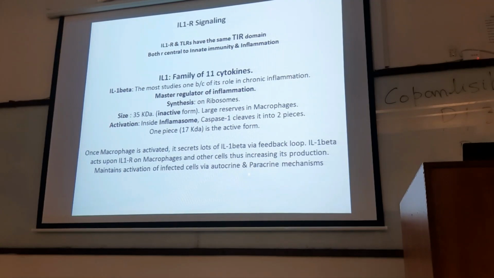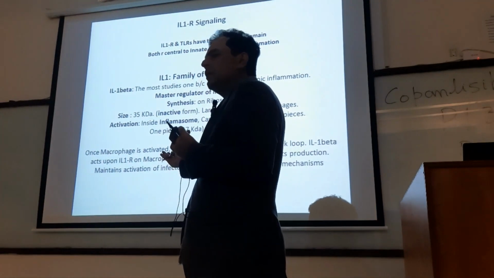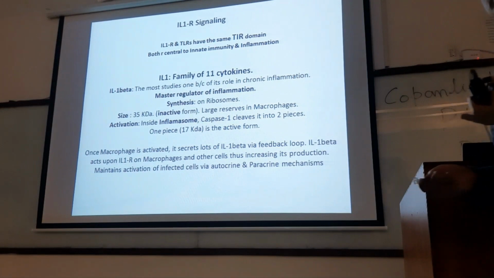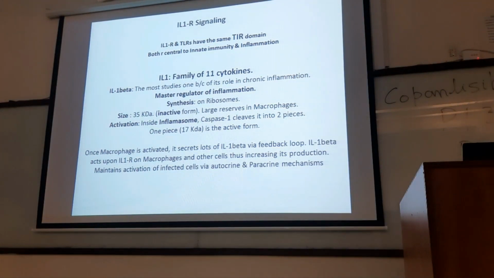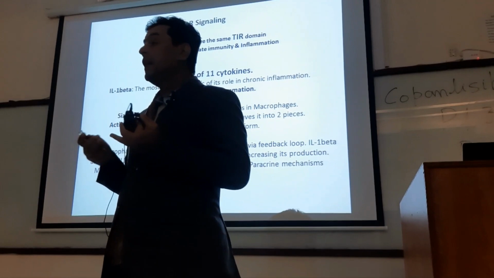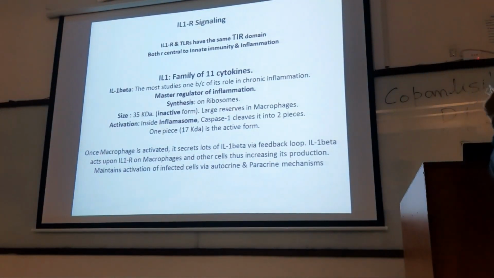The paracrine mechanism is that one cell is making interleukin-1 beta, and when it comes out of that cell, it is going to act upon another cell in the surrounding. So usually the cytokines are short-acting molecules. They are not long-acting molecules. And they can also do a lot of damage if they are just secreted openly into the surrounding of the cells.